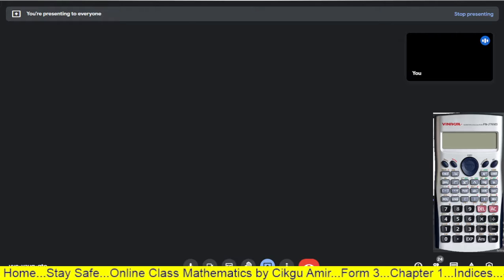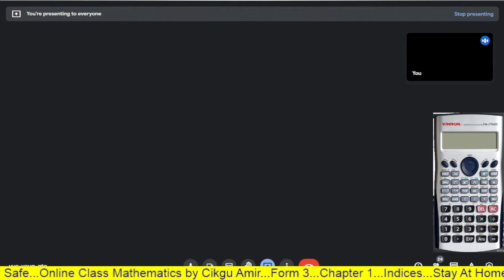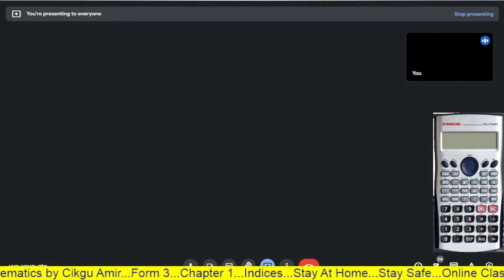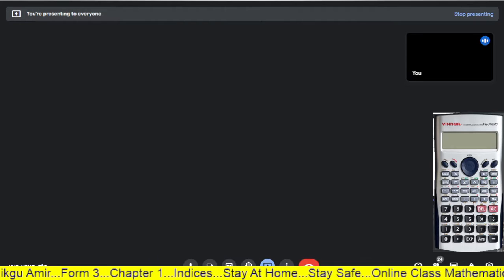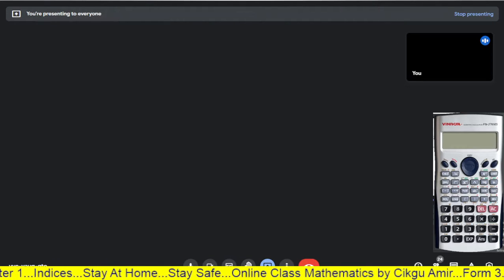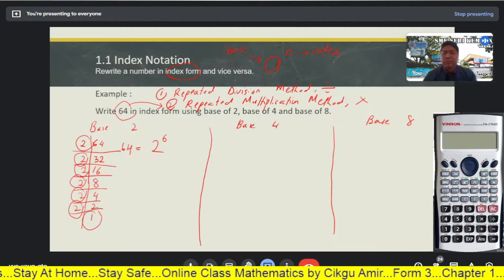Please count here: 1, 2, count the left one, 3, 4, 5, 6. So there are 6 divisions. So we put the index as 6. So 64 is actually 2 to the power of 6.